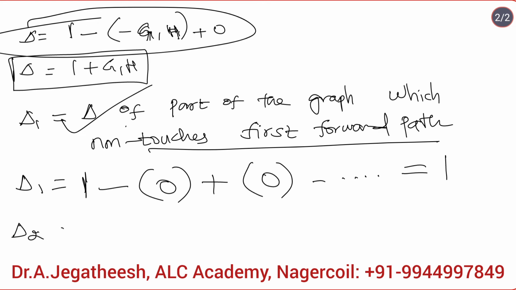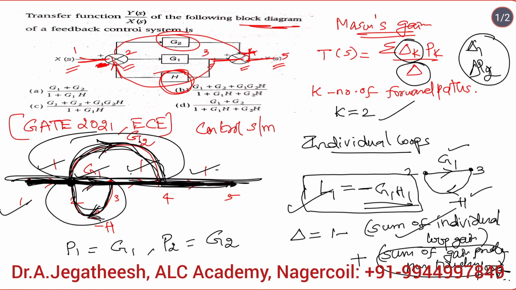Similarly, delta 2 means delta which does not touch the second forward path. You can see the diagram. This second forward path also touches all the paths; there will not be any loops which do not touch the second forward path.